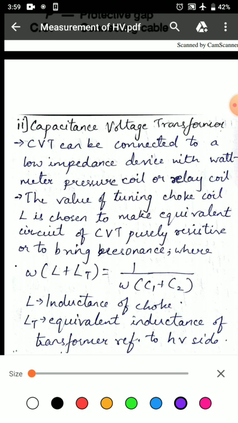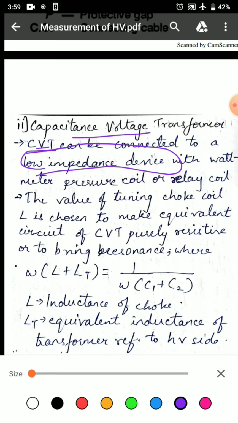The second type of instrument is the capacitance voltage transformer, which can also be stated as CVT. CVT can be connected to a low impedance device with a wattmeter pressure coil or relay coil.